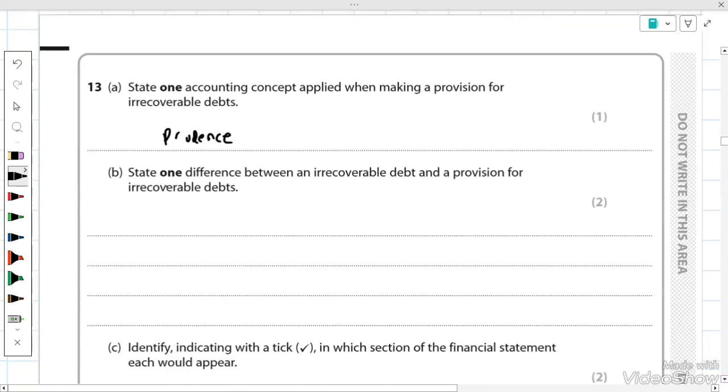Okay, so the next is: state one difference between an irrecoverable debt and a provision for irrecoverable debt.